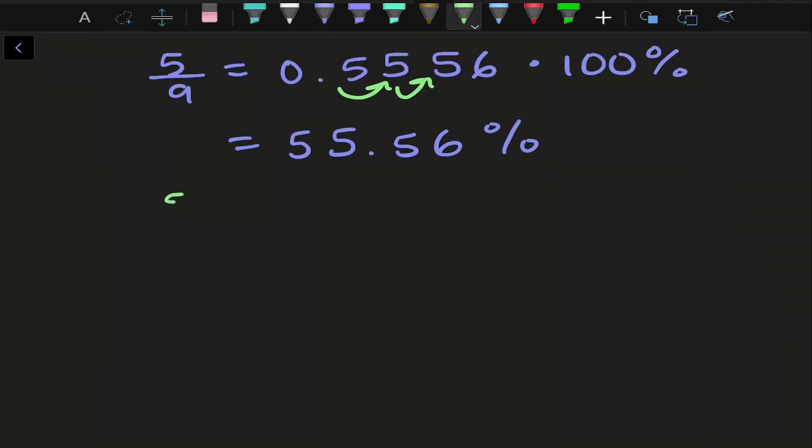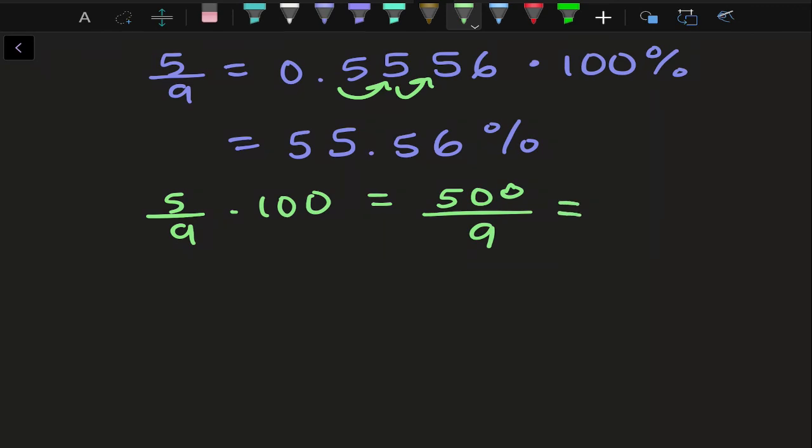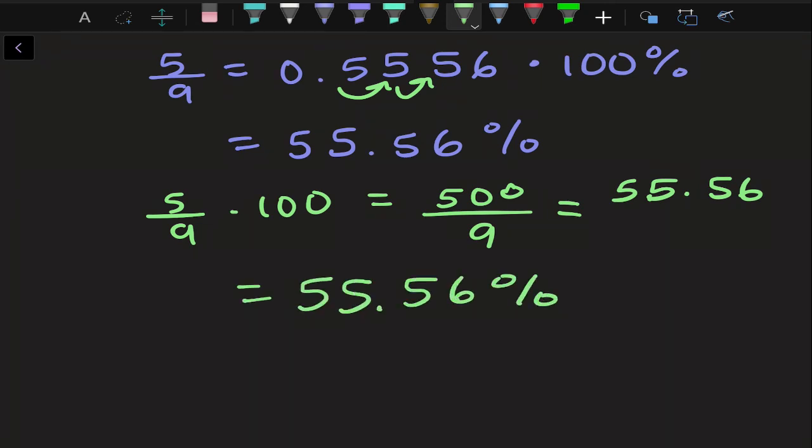Second way being 5/9 times 100 is equal to 500/9, which is equal to 55.56, and if we add on the percentage, we get 55.56%.